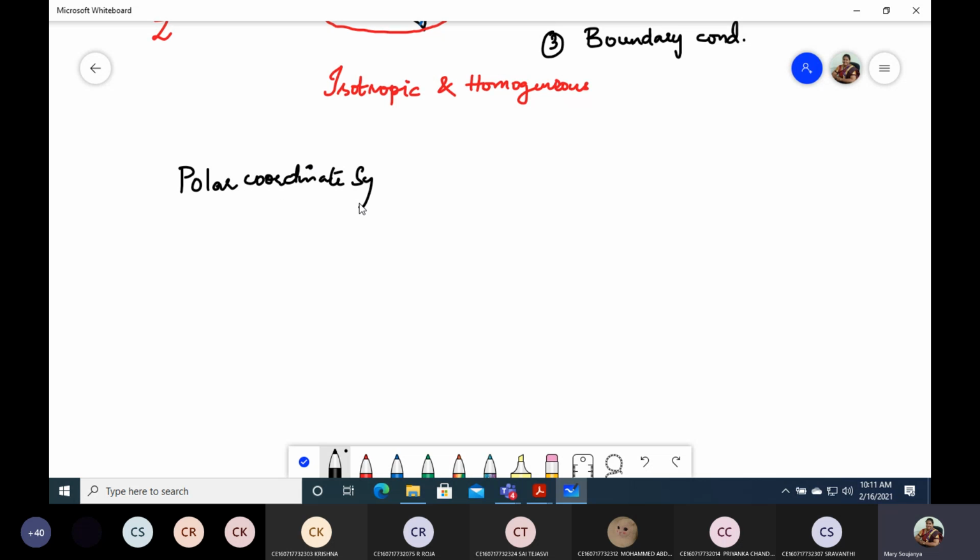Polar coordinate system. Now please do not tell me that you don't know what a polar coordinate system is. Anybody? What are the terms you get in a polar coordinate system?